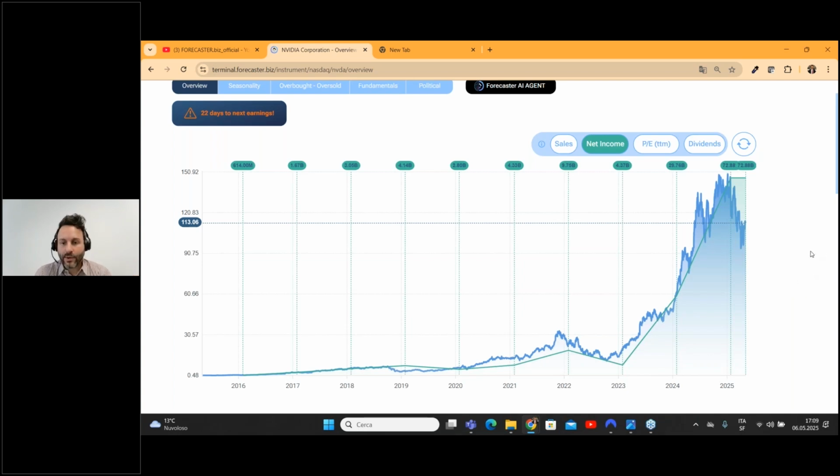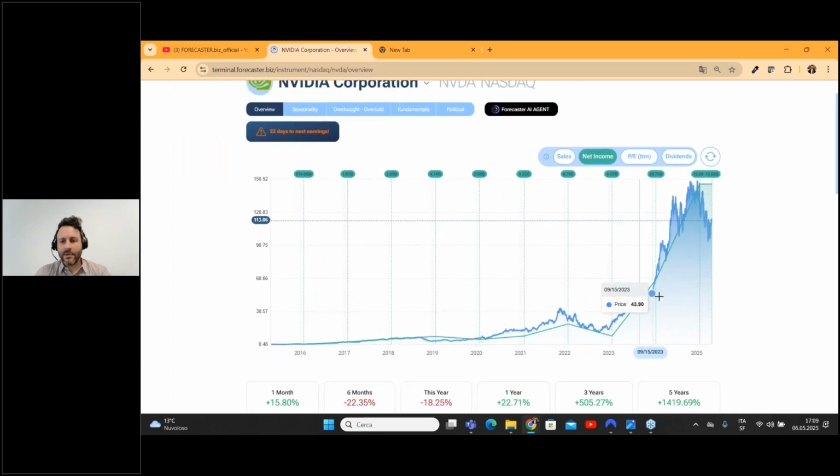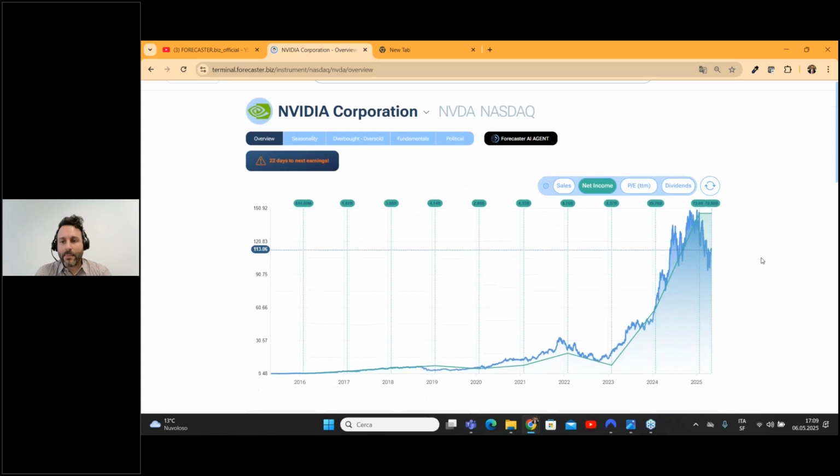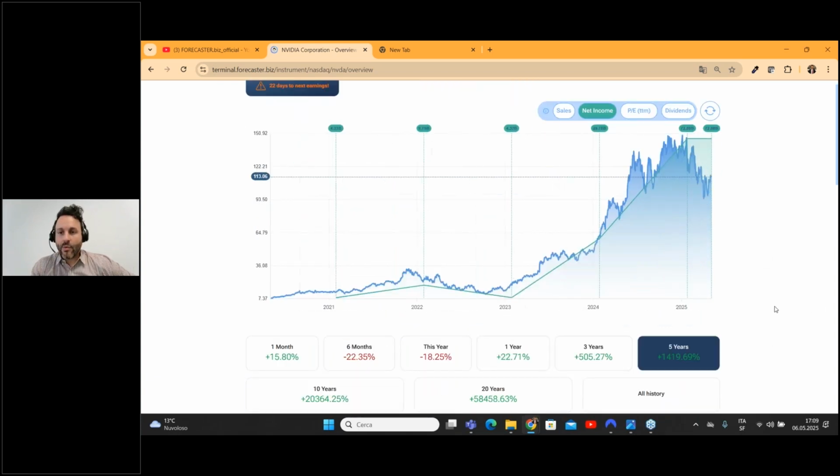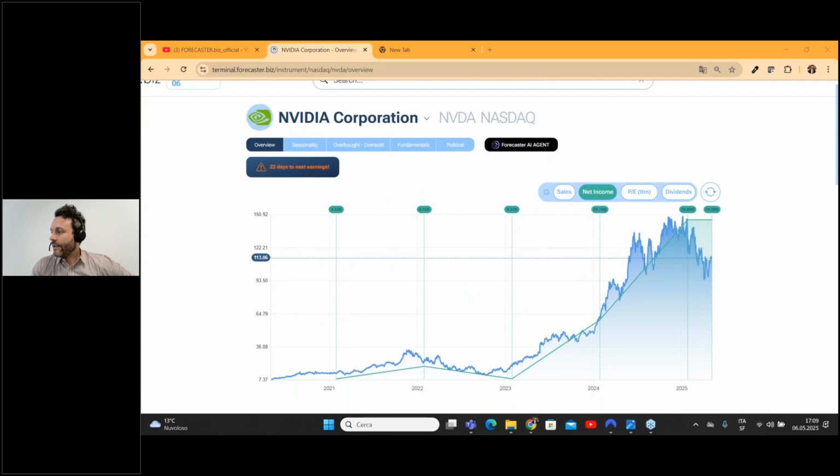Okay. And this is also very interesting, because sometimes in the short term the market is really pessimistic due to many things, for example now it's a little bit pessimistic because of Trump's tariffs. Okay. And as you can see, what happens is really nice.